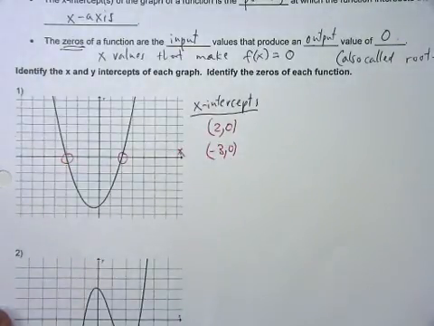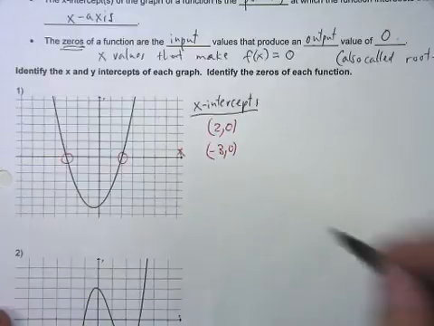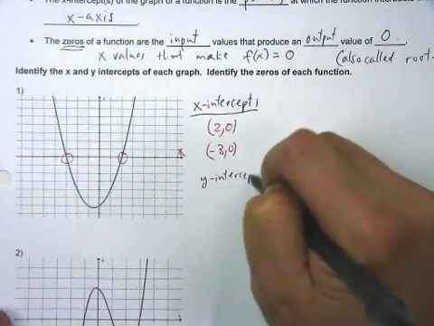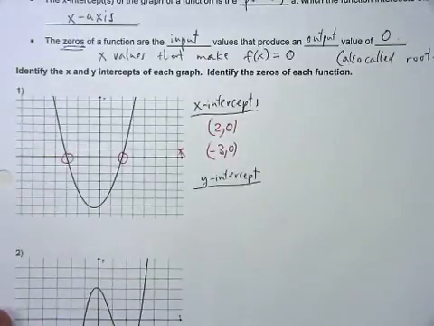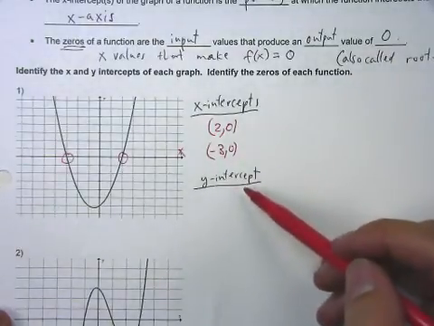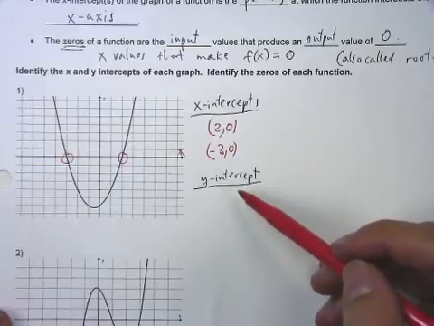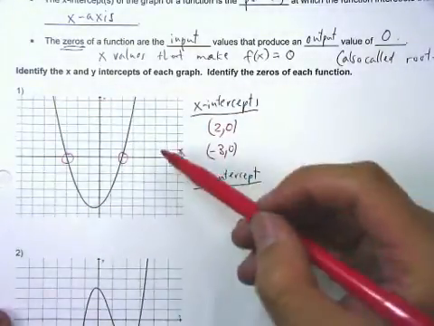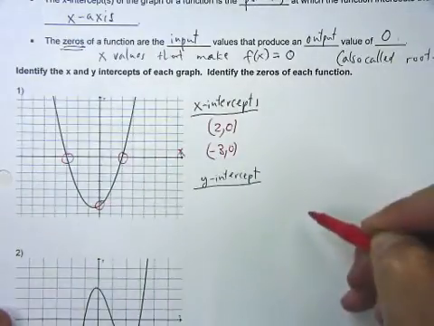Those are the x-intercepts. That's pretty easy. We also want to identify the y-intercept. What's the y-intercept? That's the point where the function intersects the y-axis. This is my y-axis. Where does it intersect? Right here.